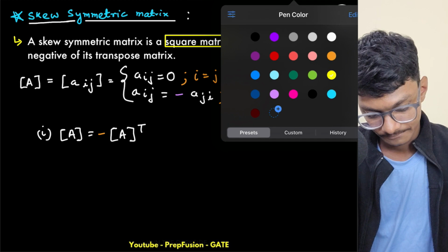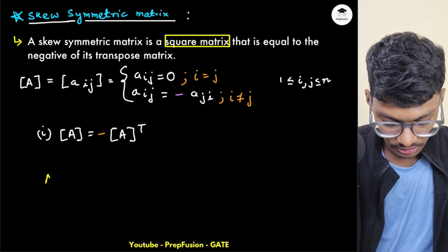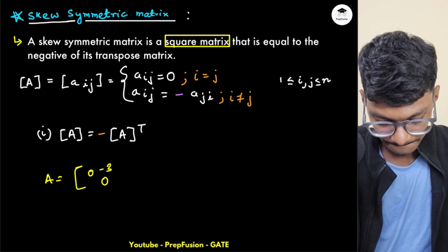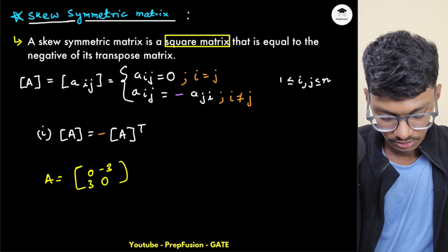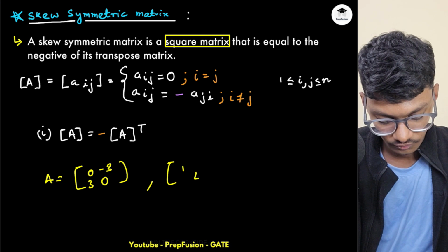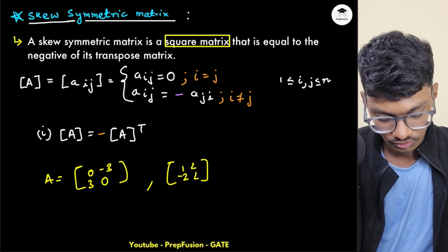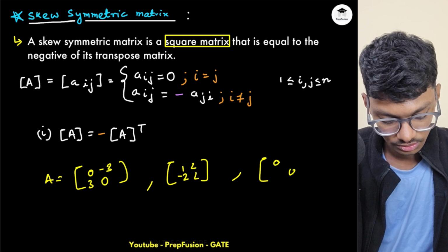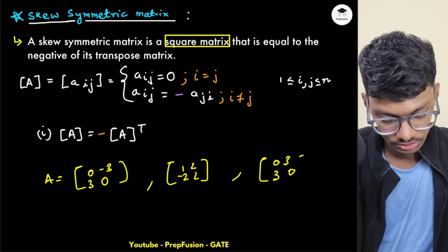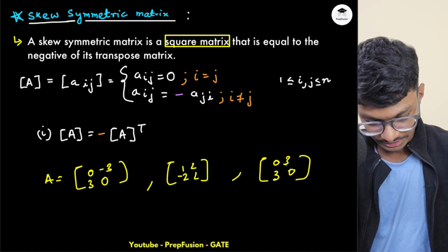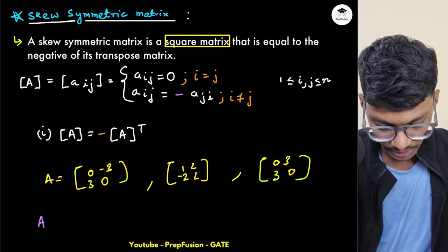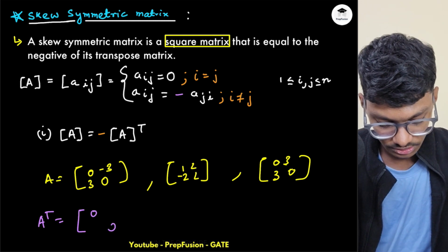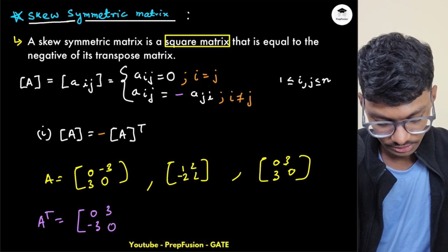Let me take a few examples, like A equals 0, 0, minus 3, 3, then 1, 2, minus 2, 2, then 0, 0, 3, 3. Just taking basic examples. So if I do the A transpose, what do I observe? I observe that this is 0, 0, 3, minus 3.